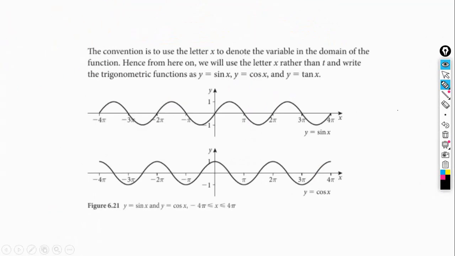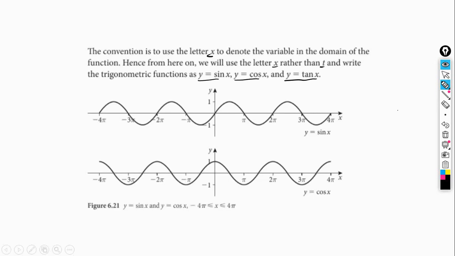The convention is to use the letter x to denote the variable in the domain of the function. So from here on, we will use the letter x rather than t and write the trigonometric functions as y equals sine of x, y equals cosine of x, and y equals tangent of x. Aside from their periodic behavior, these graphs reveal further properties of the functions for sine and cosine.